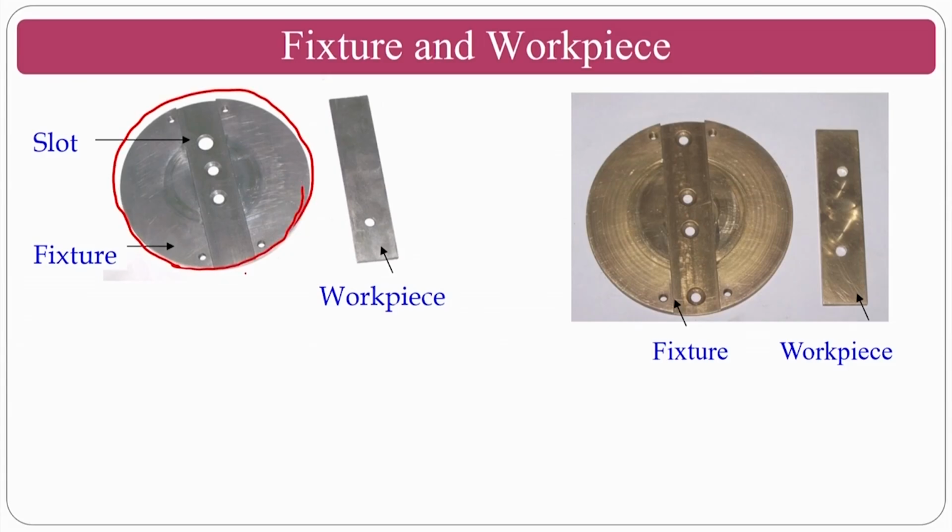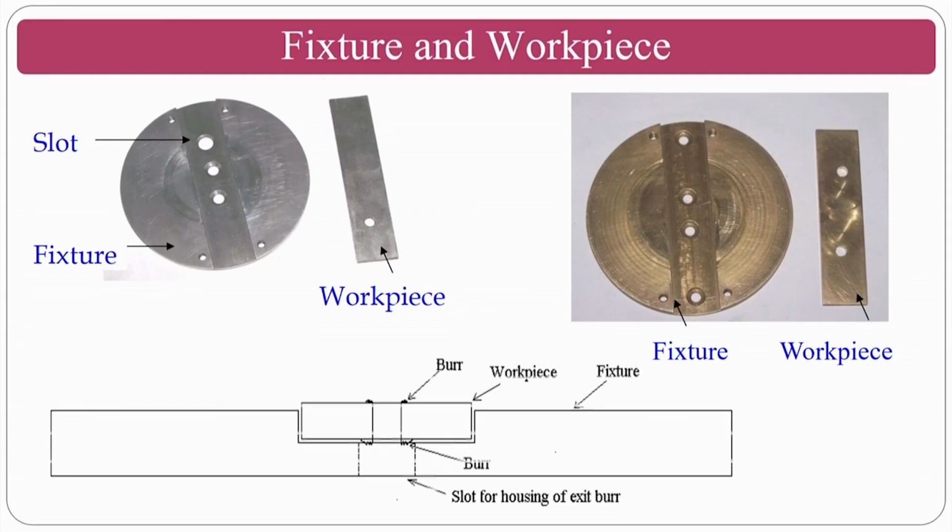But if I want to remove the burrs on the flat surfaces, I am going to place the hole-drilled surface. This is my workpiece, wherein I am going to drill a hole or a set of holes, and these holes will have burrs.